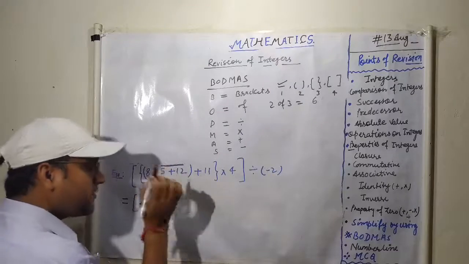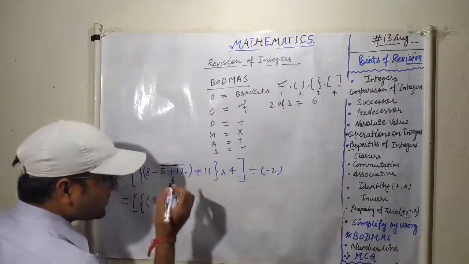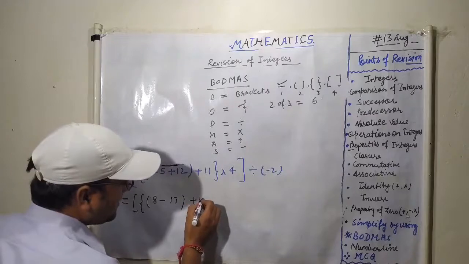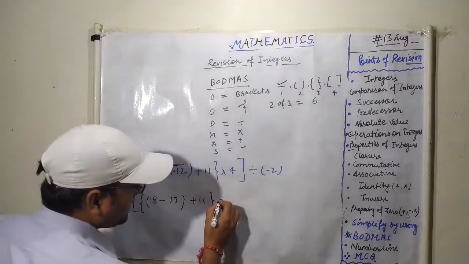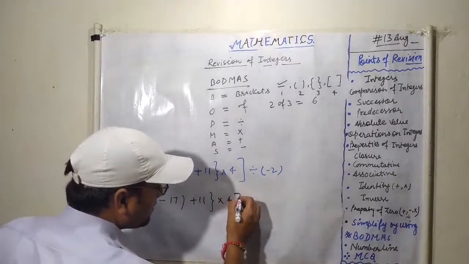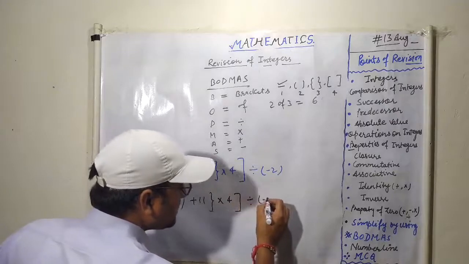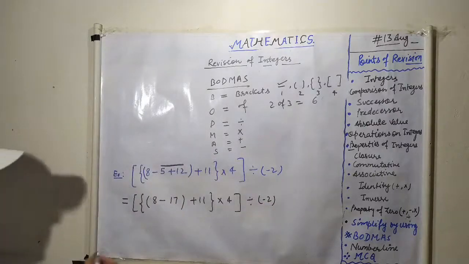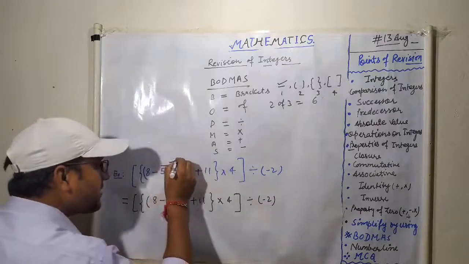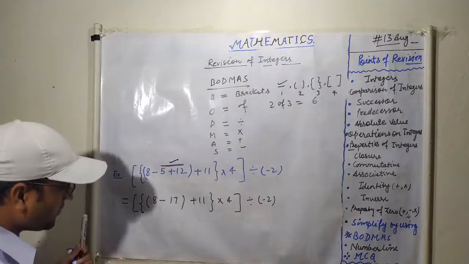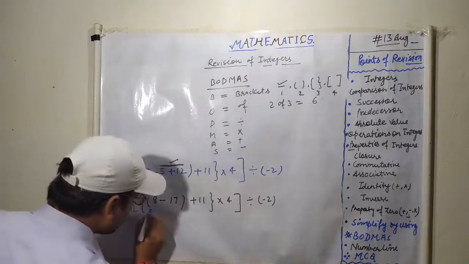So remove this bar bracket, close this small bracket, plus 11, multiply 4, square bracket, division, minus 2, students. Then after I solve the bar bracket, I am going to solve this small bracket.